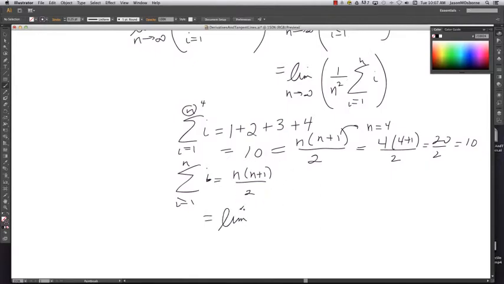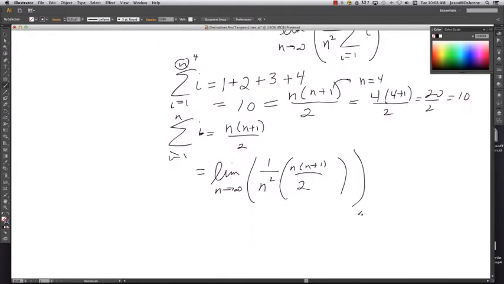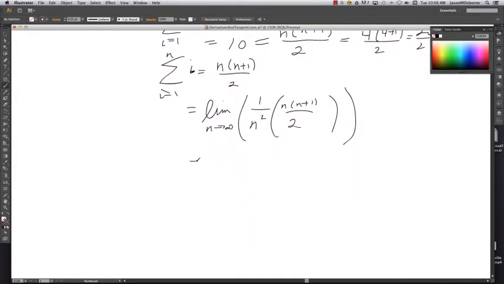So you now bring this limit down, take the limit as n goes to infinity, 1 over n squared, and that big summation we replaced with n times n plus 1 divided by 2. Okay. And now we have a limit that we can try to take.